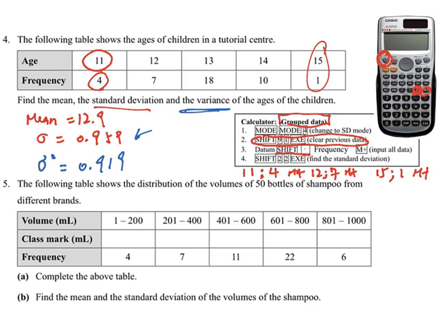Now you are given 5 minutes. Try to finish question 5. Remember, before you do the inputting of data, you need to find the class mark. For the class mark, do you remember we use 1 plus 200 divided by 2 to get the class mark.